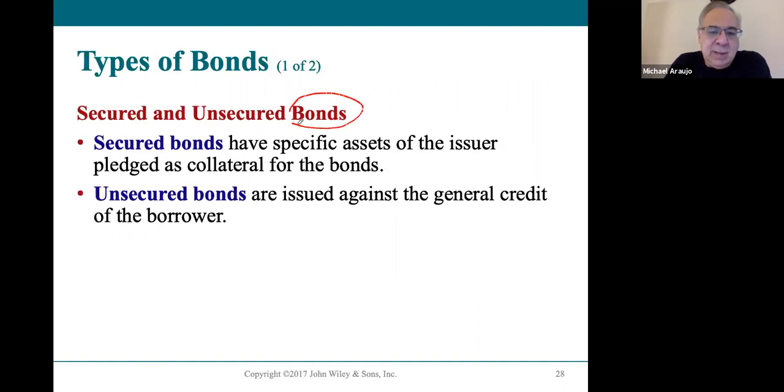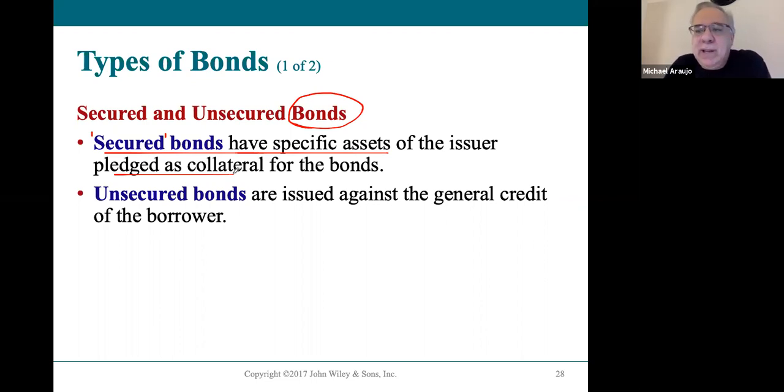Bonds come in a couple of flavors, in essence. A lot of bonds actually are secured by assets. Equipment bonds are quite normally secured bonds. Something that's secured means that there's an asset behind it. So the corporation pledges the asset to the bondholders in case it can't pay them back.